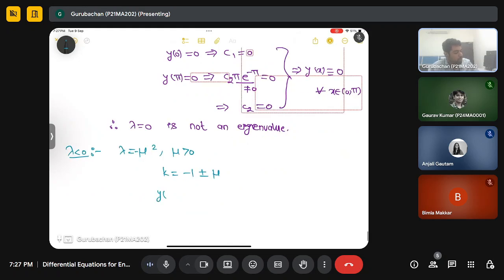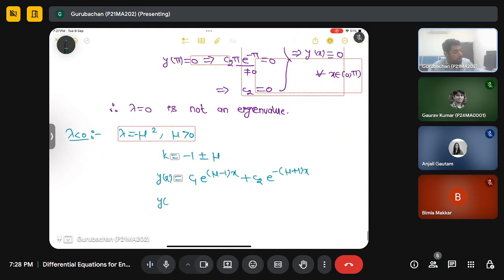And your solution yx will be c1 e to the power mu minus 1 x plus c2 e to the power minus mu plus 1 x. Sorry, this is the general solution you will get. Y0 is 0. By implementing this, you will get to know that c1 plus c2 is 0.